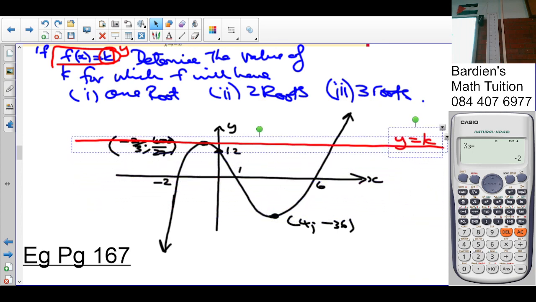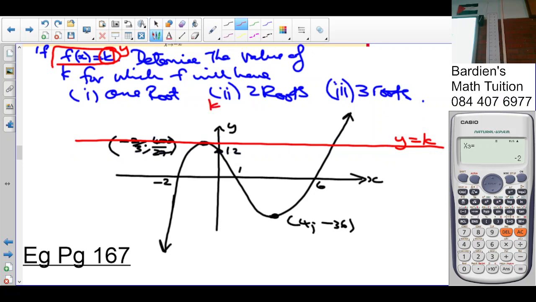What will happen if the graph goes through there? How many roots are there at that point? 2 roots. It's the turning point, and yes, there's 2 roots. So at which value of k will we have 2 roots? K is equal to 400 over 27. So for 2 roots, k is equal to 400 over 27.